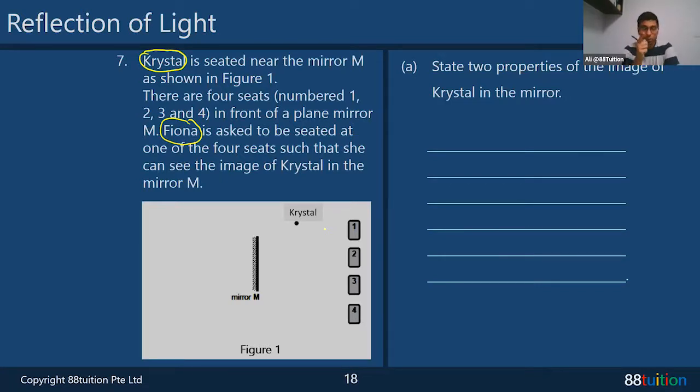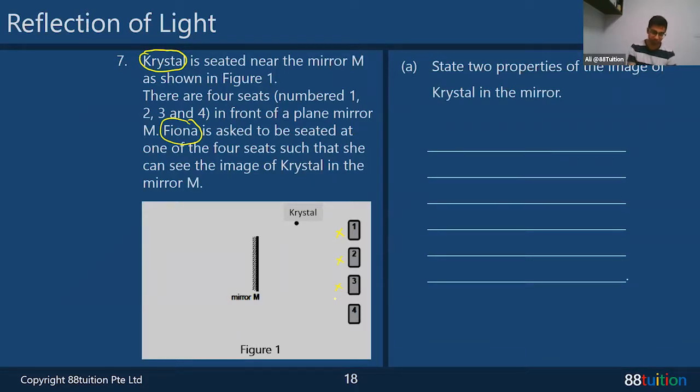But can you see the image of Crystal? That means her image, the image is behind the mirror. If you sit at 1, will you be able to see Crystal's image? If you sit at 2, will you be able to see Crystal's image? If you sit at 3, will you be able to see? So first thing you need to do is to find Crystal's image. Where is Crystal's image?